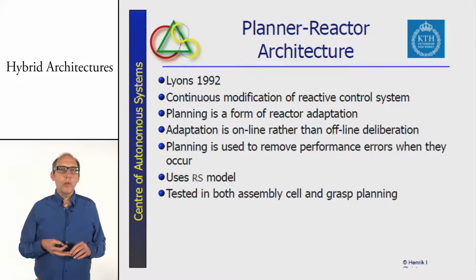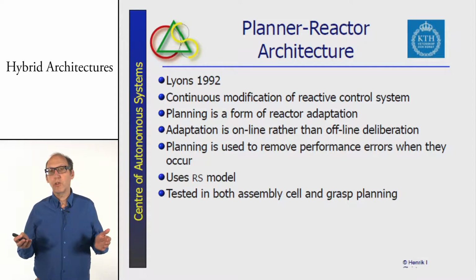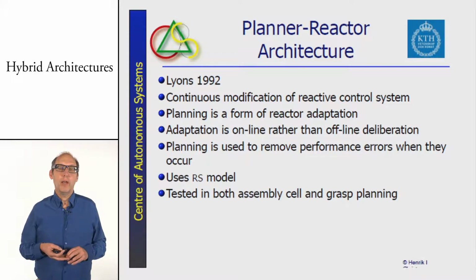This is built on the robot schema model, where they have a model for each different object that you can see in the world, for instance a table or a chair. But every time that you encounter another chair, you use the previous knowledge, but also adapt to this particular chair.